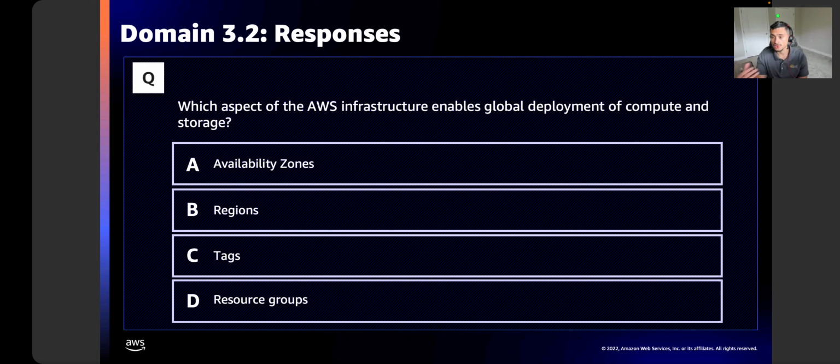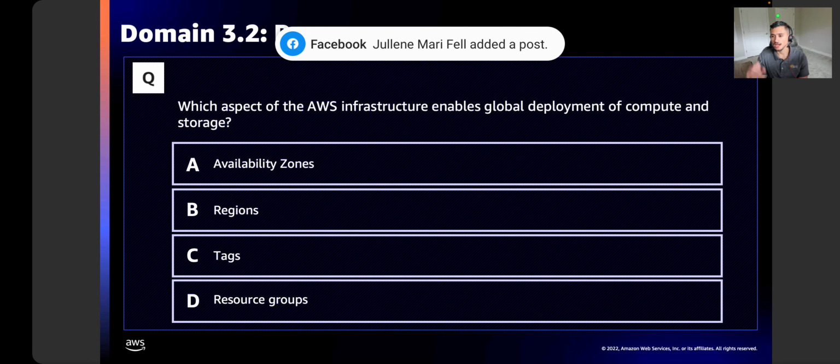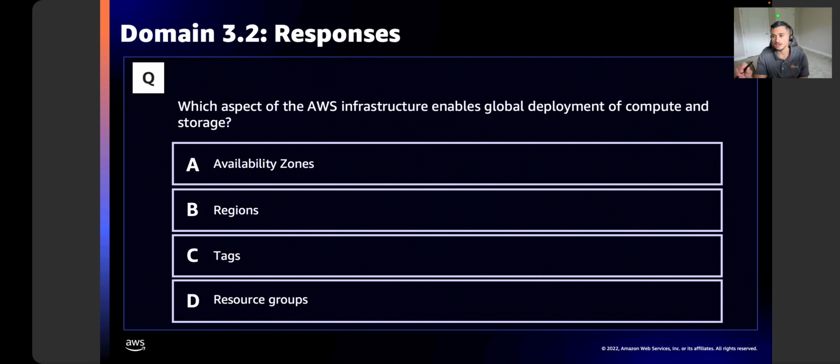So local zones also sit in highly populated cities like Boston, different cities around the world where there's high population, and those are used to deliver services like compute, storage, and database, whereas edge locations are primarily used to cache static data, right? So that's mainly the difference between those two.